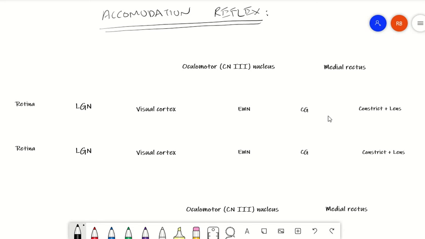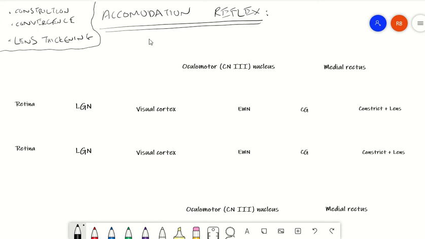The three main outcomes are constriction of the pupils, convergence, sorry about my writing, and there is lens thickening. So just to keep in mind, those are the main things from the accommodation reflex.